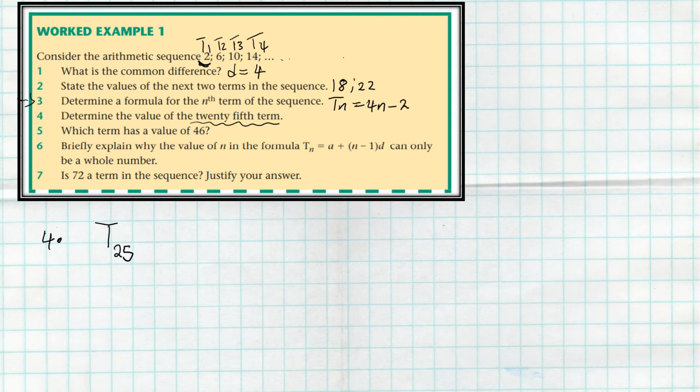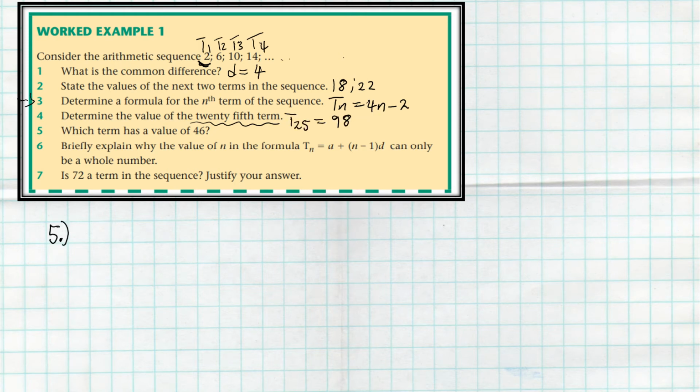We use our general formula and replace n by 25. It's 4 times 25, which is 100, minus 2, which gives us 98. So our 25th term is 98.